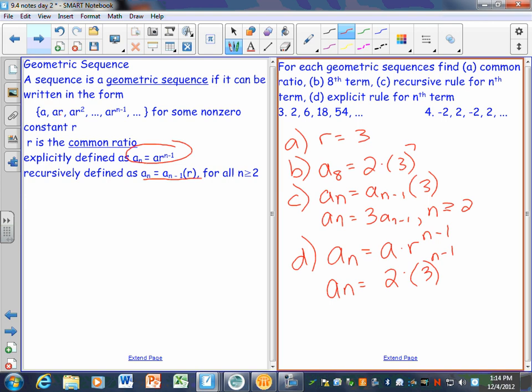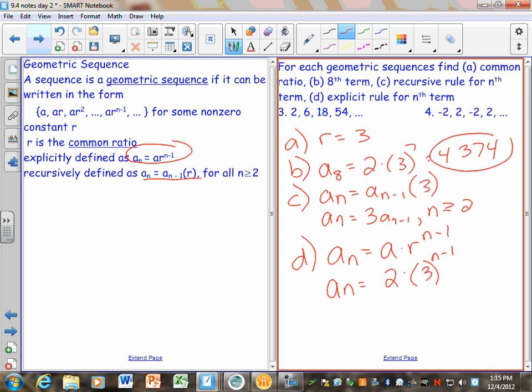You have to do 3 to the 7th first, and then you multiply by 2. So you have to make sure you don't simplify that wrong. That's going to be a pretty big number. 4,374.